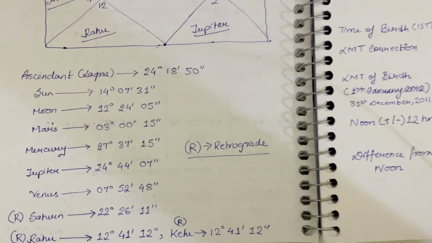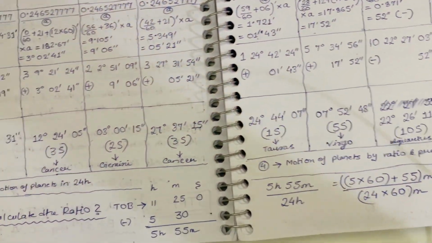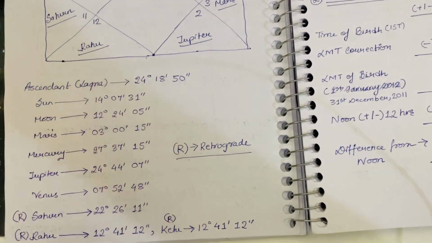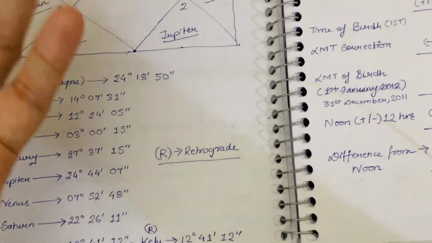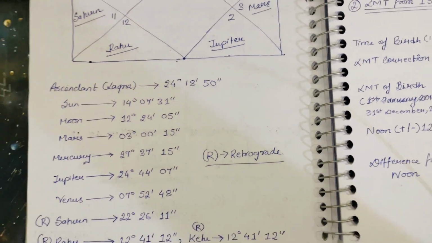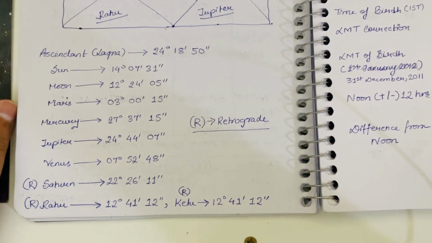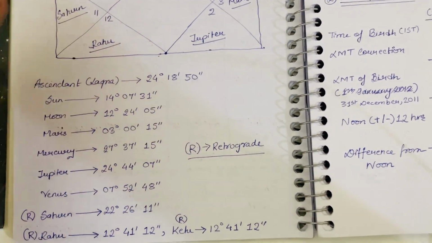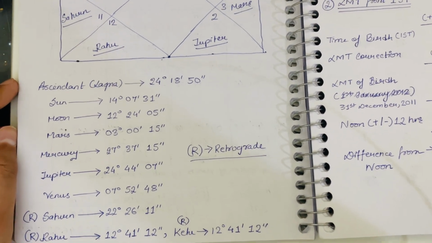As long as you're able to calculate all of these steps correctly and arrive at the right result, your analysis and interpretations are going to be correct, because the values in front of you are minute-wise, second-wise accurate, which online astrological software is unable to give you. If you do this manually, you will become very proficient.